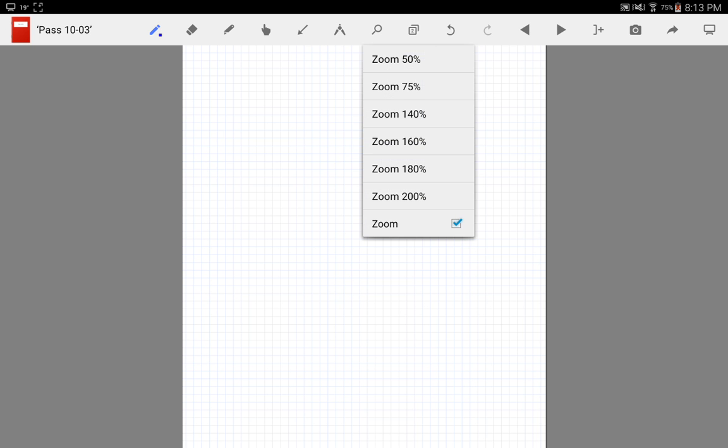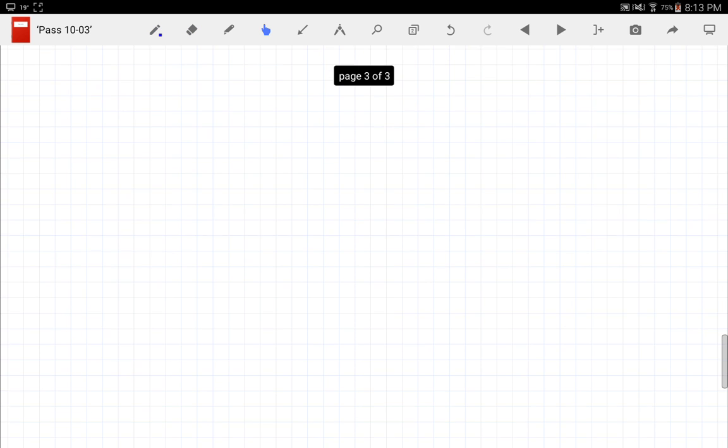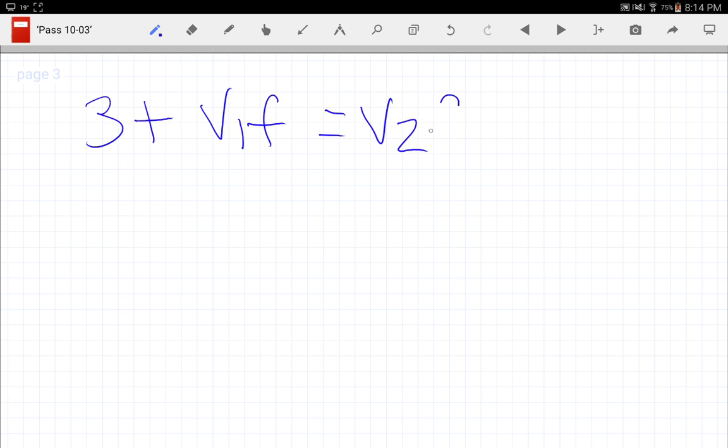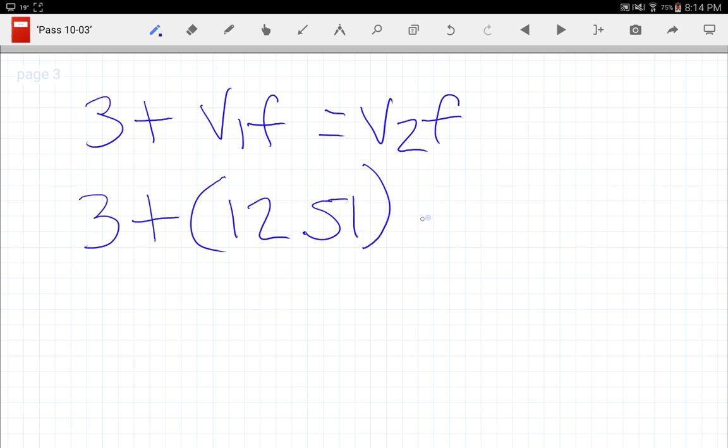Let me zoom back. Back into that equation, we have 3 plus V1 final equals V2 final. So we plug this in: 3 plus 12.51, and that equals 15.51.